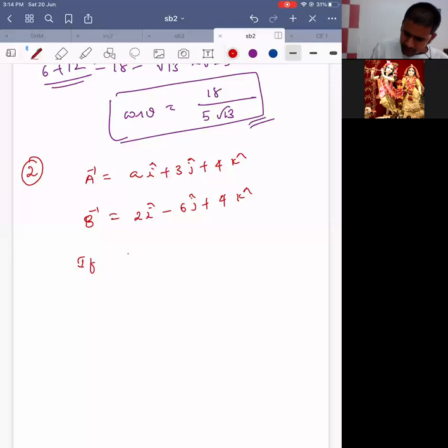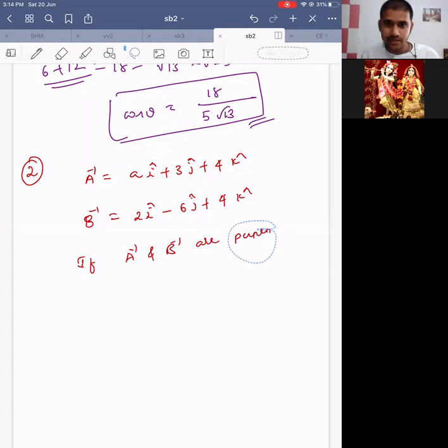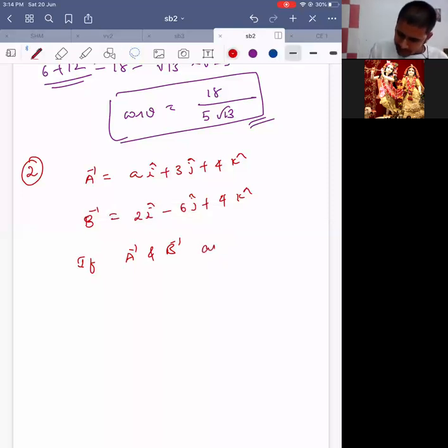If a bar and b bar are perpendicular or orthogonal to each other, find small a. a is equal to how much?